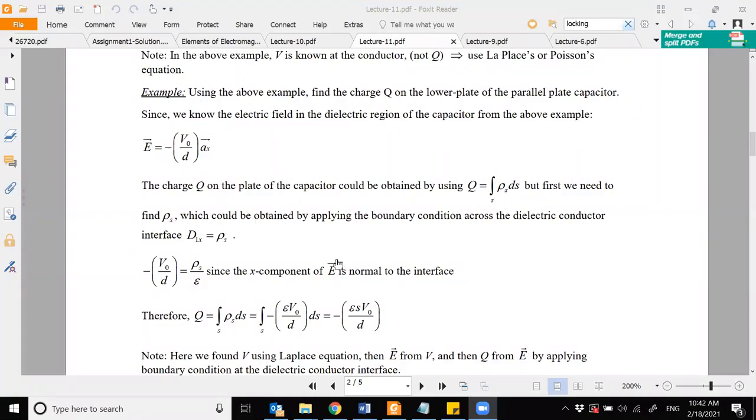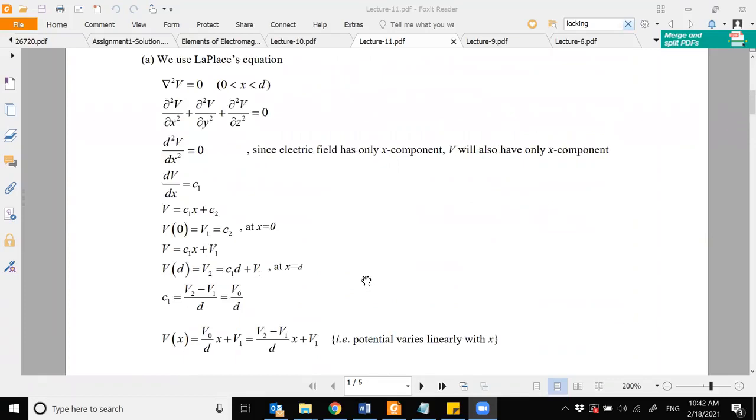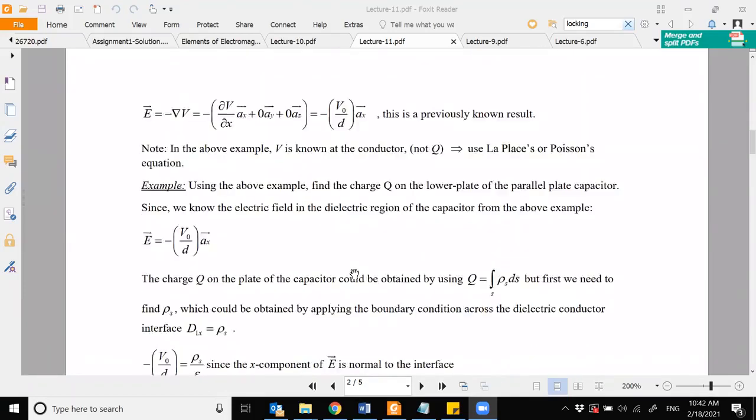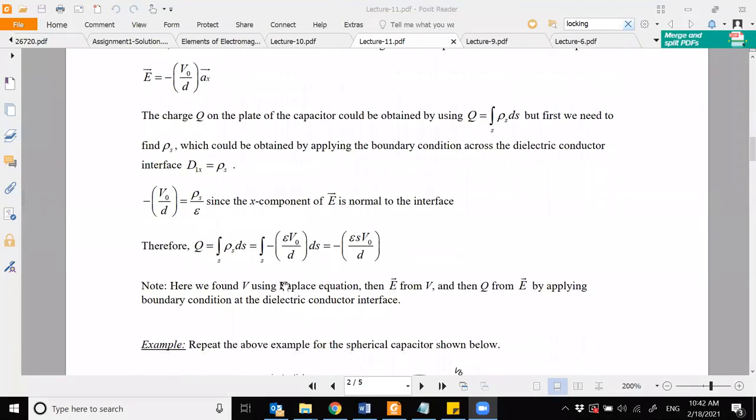Now, this you can find by, okay, let me draw it here. This you can find by applying the boundary condition at the conductor. This is the conductor and this is the dielectric. So apply the boundary condition here.